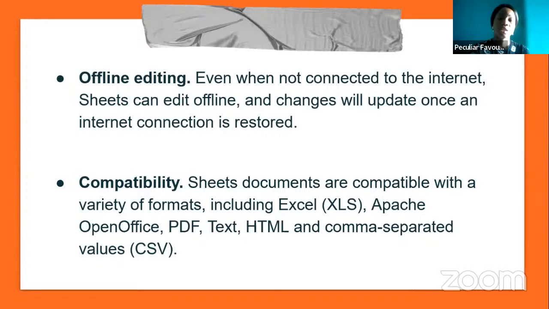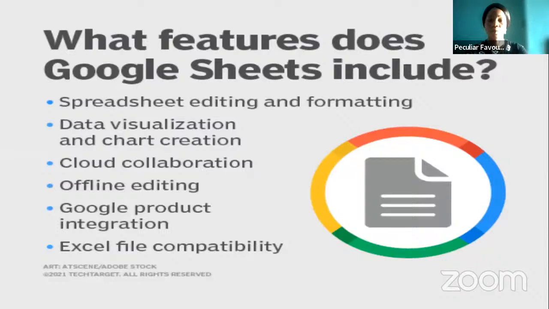Offline editing, you are able to edit this Google Sheet both online and offline. Google Sheet is mainly a web program. It's online, so that helps you save. That's what you see in the first part, cloud collaboration.